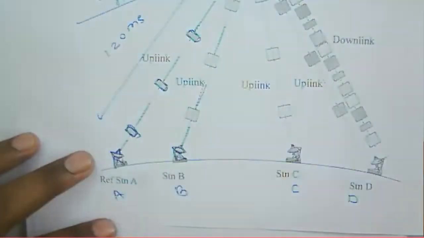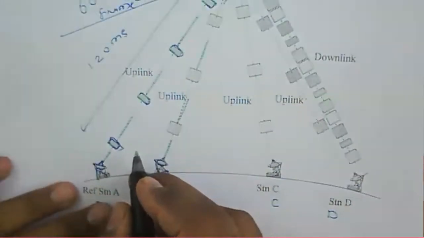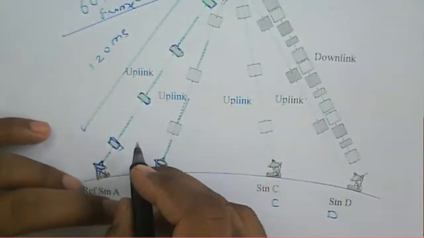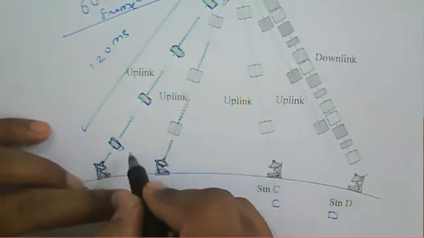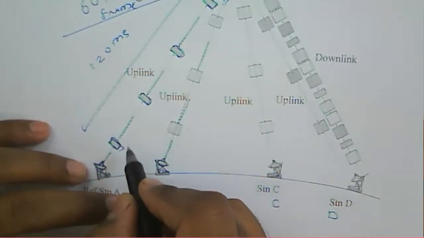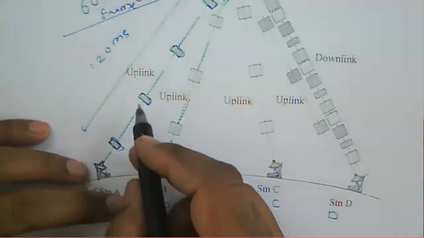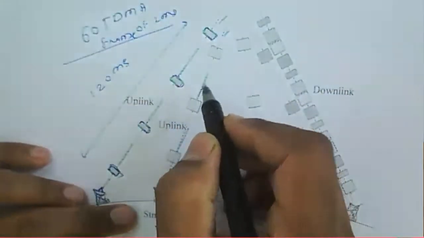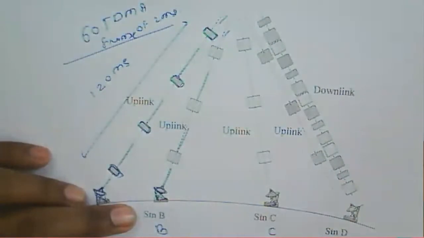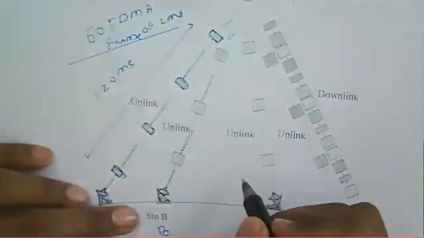So now, because of the different delay, the data bursts from an earth station here will arrive at different times on this particular uplink.